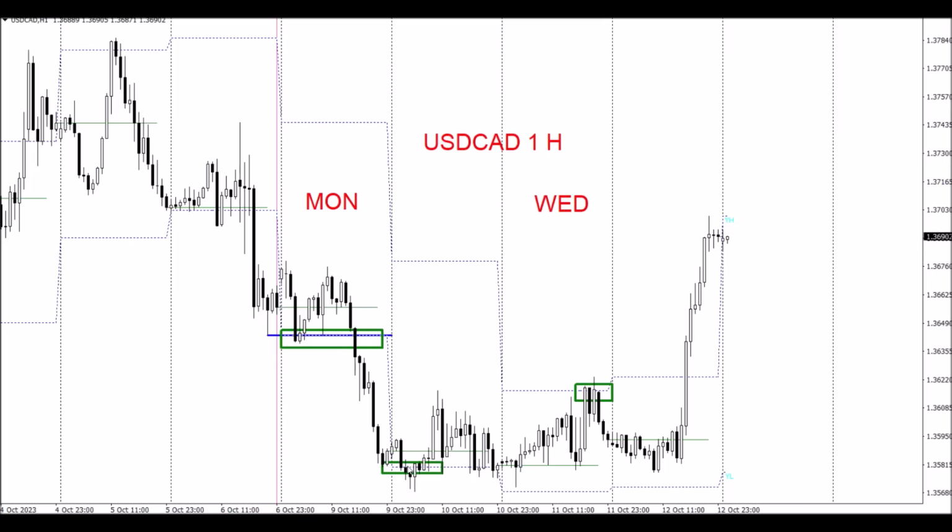But we also now have a day 3 setup on Thursday on the USD/CAD on our longer time frame 1 hour charts, based on the break of a low that came back inside and the break of a high. We now have day 1, day 2, and Thursday becomes our day 3. So remember what I just said.